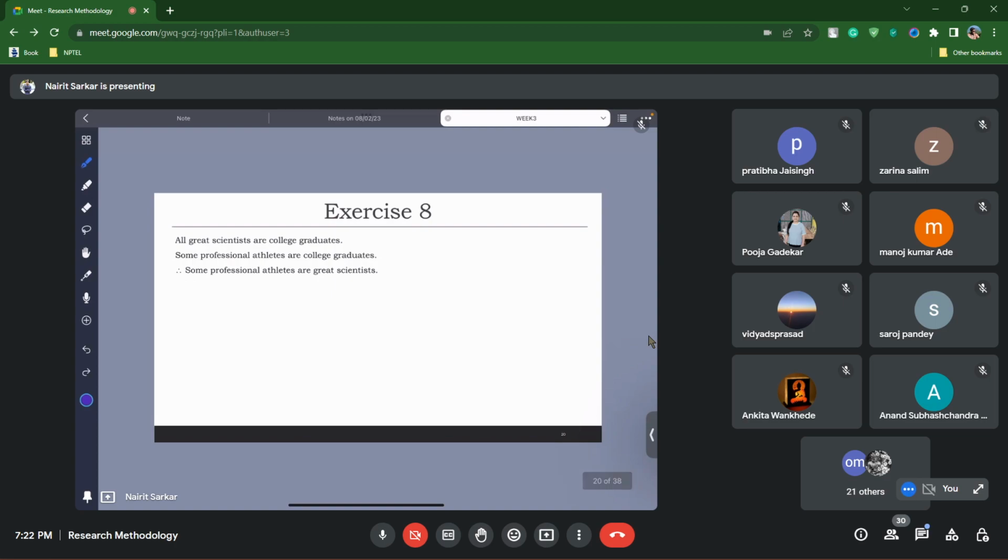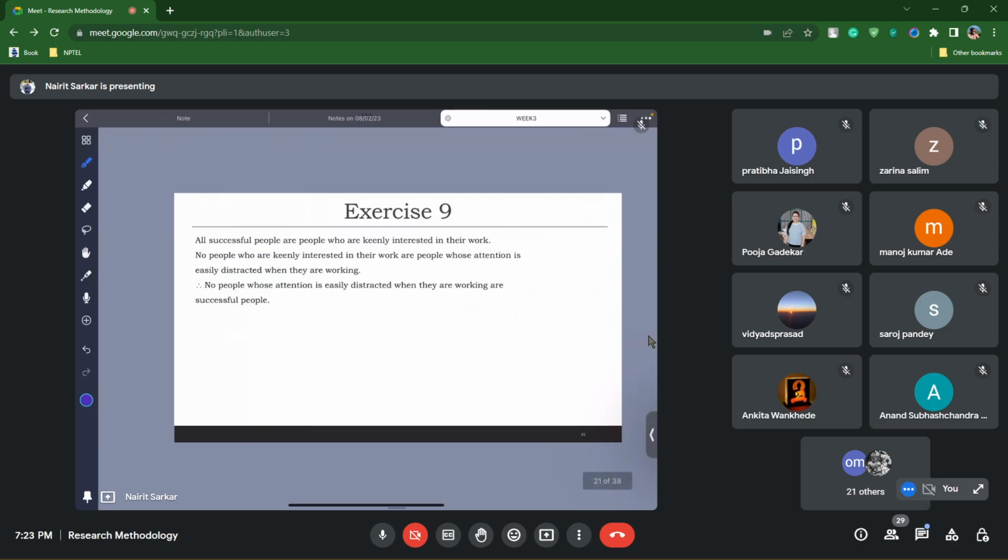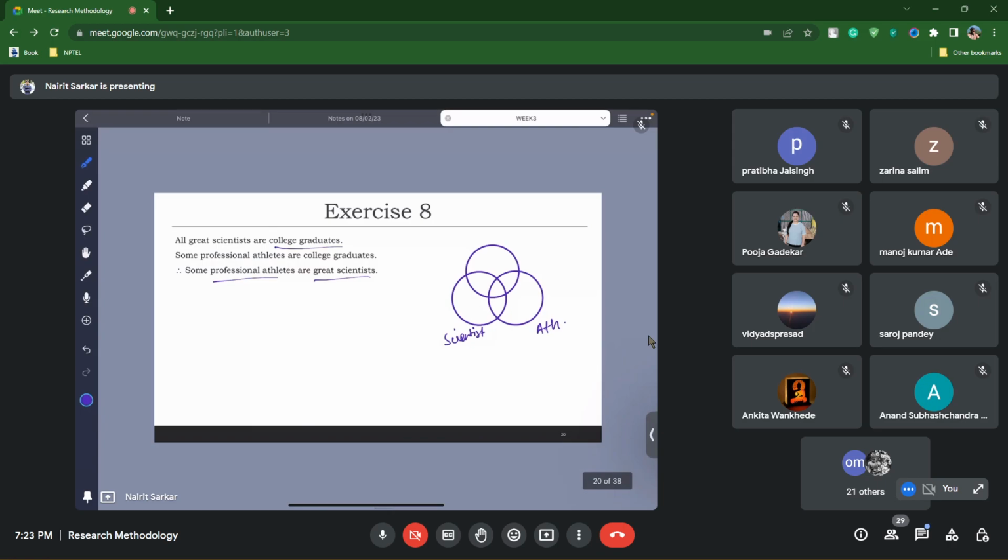Then exercise 8. Scientist, athlete, and college graduates. The first one is: all great scientists are college graduates.